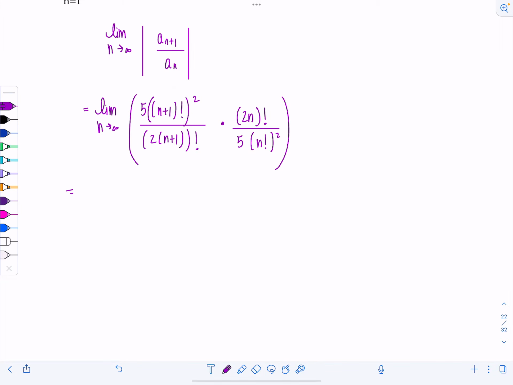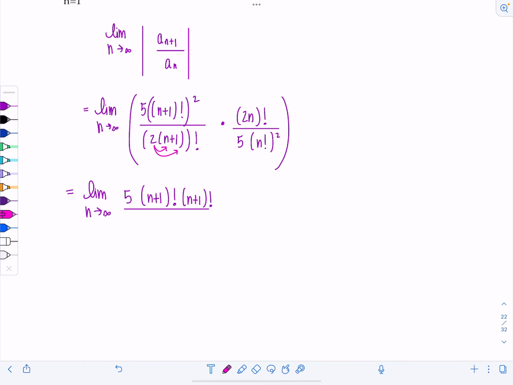So we've got the limit as n goes to infinity. This is going to be 5 times, I'm going to write it as (n plus 1) factorial, (n plus 1) factorial, because it's squared, right? And I know it's scary to square a factorial, so just separate them. No big deal. Be careful here. This is 2 times (n plus 1) factorial.